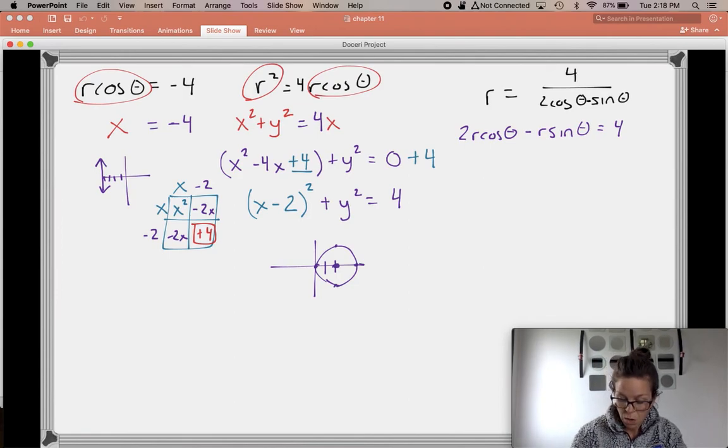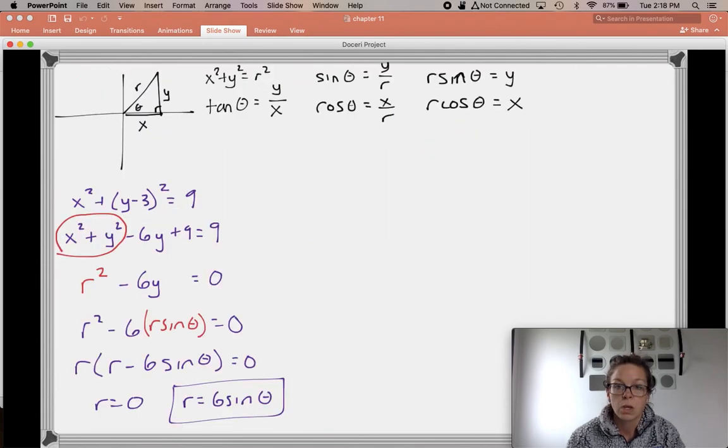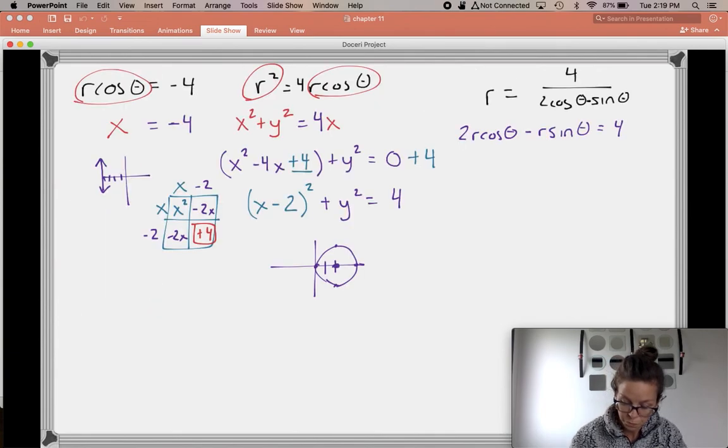Okay, so now I want to look for where I have stuff that matches up with those. We've got an r cosine theta and an r sine theta, and when we look back to those formulas, those are our x and our y. X is r cosine theta and y is r sine theta. So in our substitutions here, we're going to have x for the cosine part and y for the sine part.